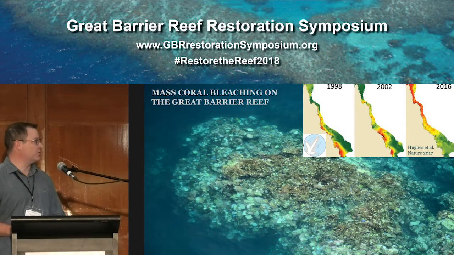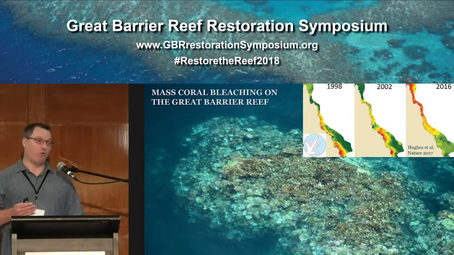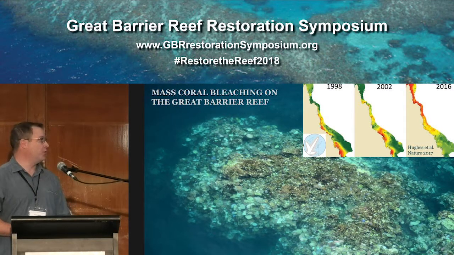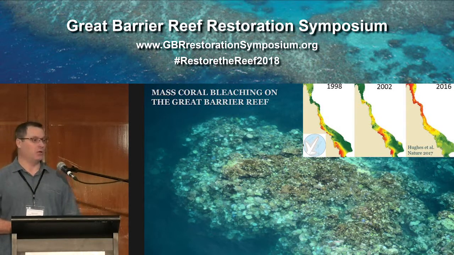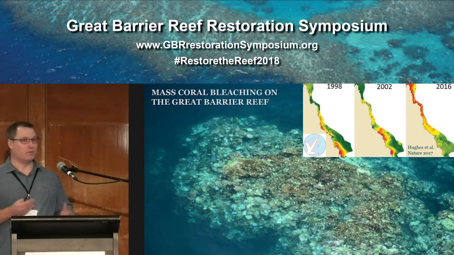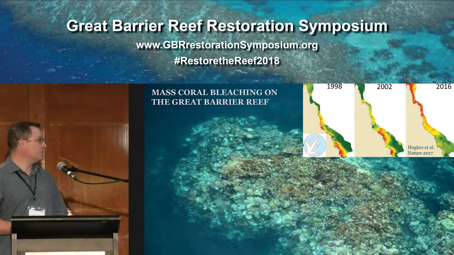This plot in the top left corner shows you the footprint of the 3, now 4, major mass bleaching events on the GBR. The footprint of bleaching severity closely aligns with the footprint of ocean warming, or sea surface temperature anomalies.